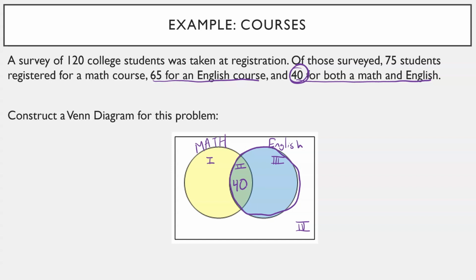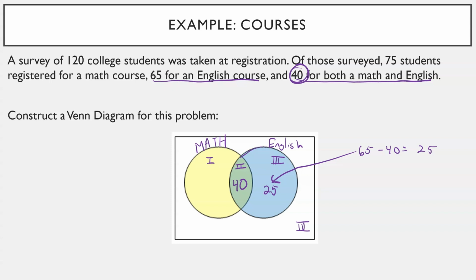Well, how many total students are already in there? 40. So this whole circle needs to be 65. So how many students are right here? I need to take away the 40 students I've already got in the circle, and there are just 25 students in this region here.